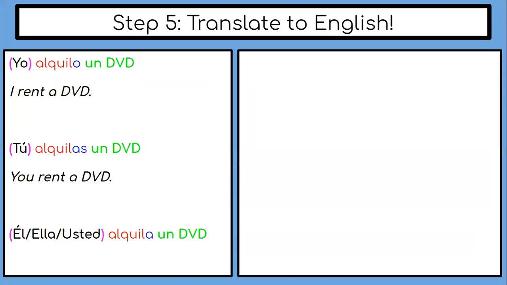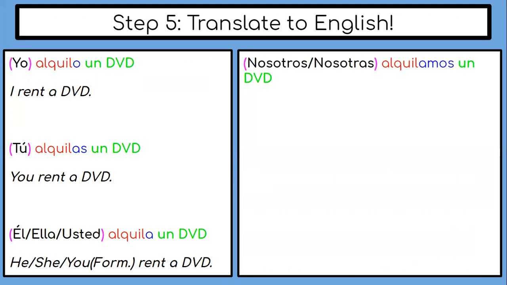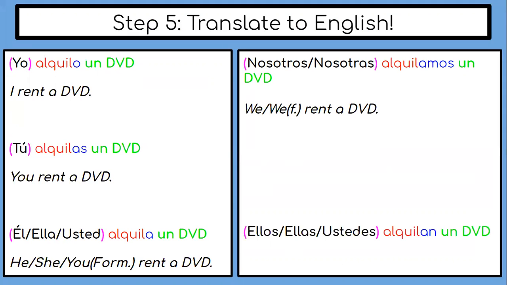He, she, you rent a DVD. Nosotros, nosotras alquilamos un DVD? We or we feminine rent a DVD. And then to end, we have ellos, ellas, ustedes alquilan un DVD, which is they, they feminine, and you plural rent a DVD.